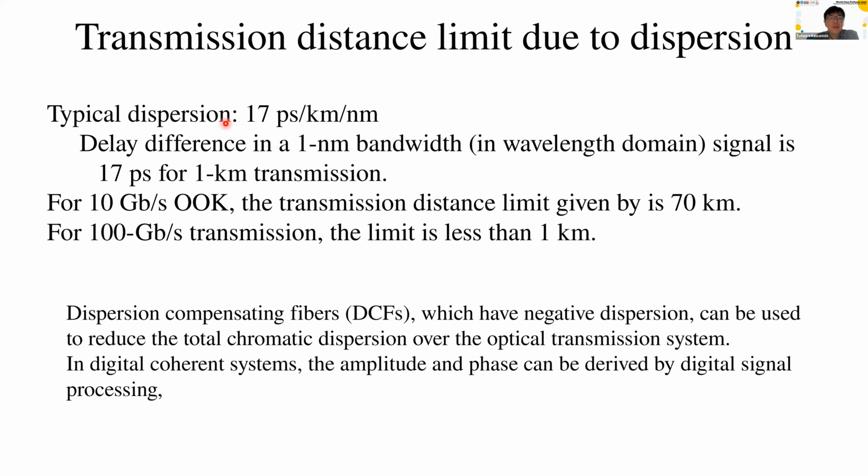That means if the wavelength difference is 1 nanometer, the signal would have 17 picosecond delay difference for 1 kilometer transmission. If the transmission distance is 10 kilometers, in that case, the delay would be 170 picoseconds.